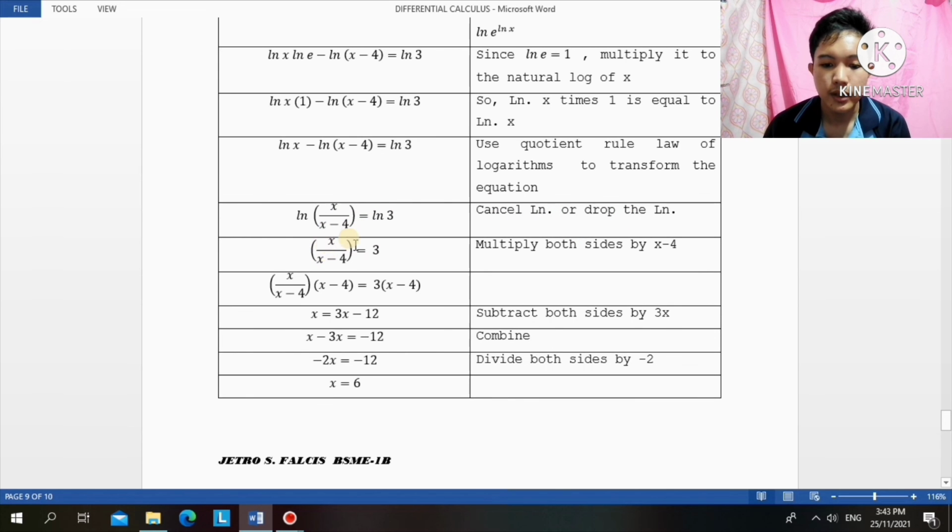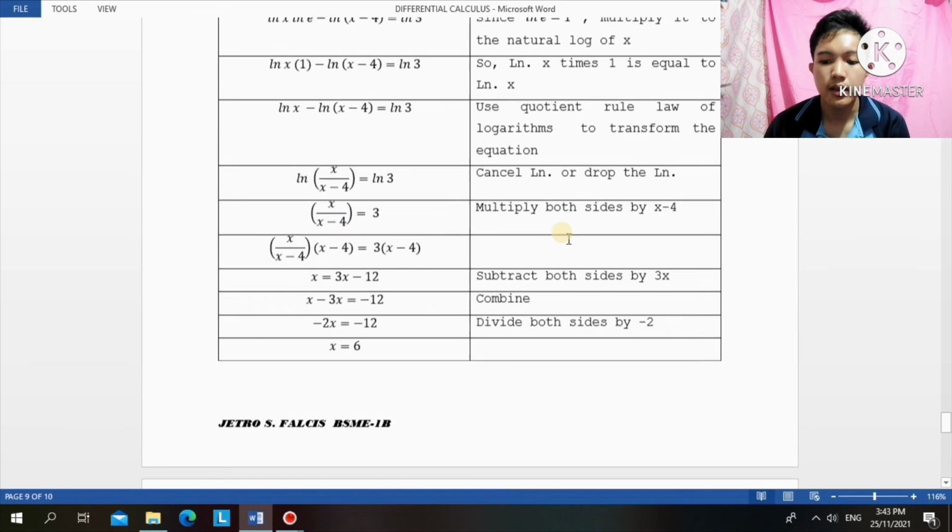So our equation will be x over x minus 4 is equal to 3. Multiply both sides by x minus 4. So cancel x minus 4 from the denominator. Then 3 times x minus 4 is equal to 3x minus 12.